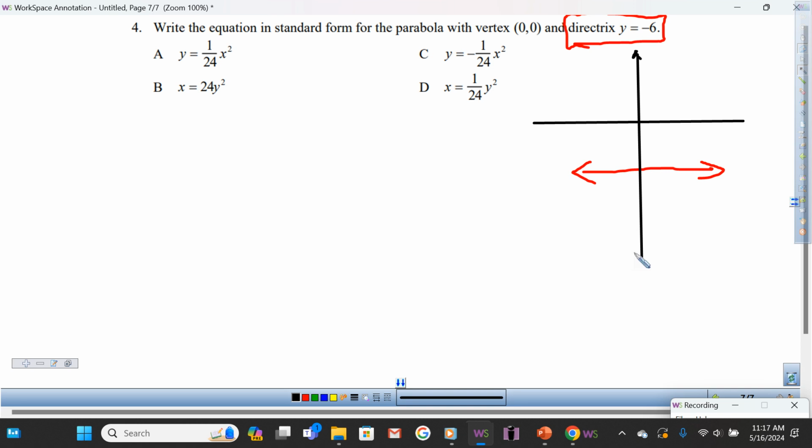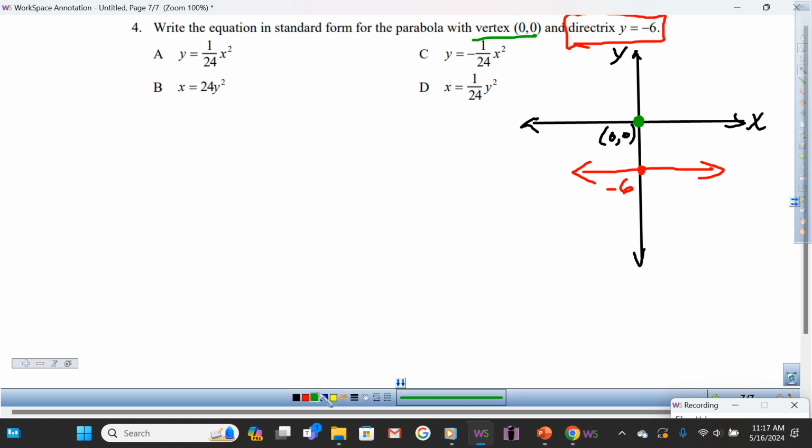Here's my coordinate plane. This is x, this is y, and the directrix is at what? -6. What is the vertex? The vertex is at 0, 0. Label that really quick. 0, 0.